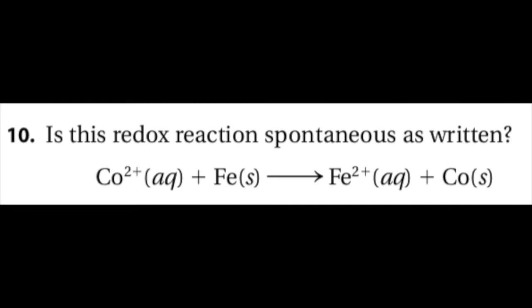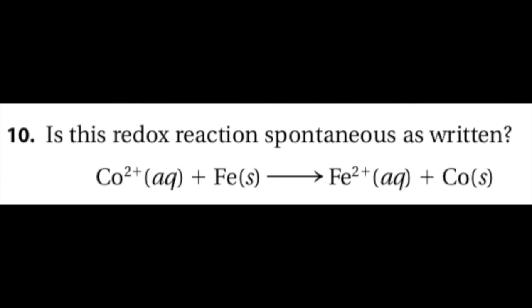Okay, here we go. Cobalt plus 2 plus iron yields iron plus 2 plus cobalt. Let's see if we can do this quickly. So the cobalt is going from plus 2 to 0. That's going to be reduction. And the iron is going to be going from iron to iron plus 2. That's oxidation. So now reverse the oxidation to iron plus 2 to iron.